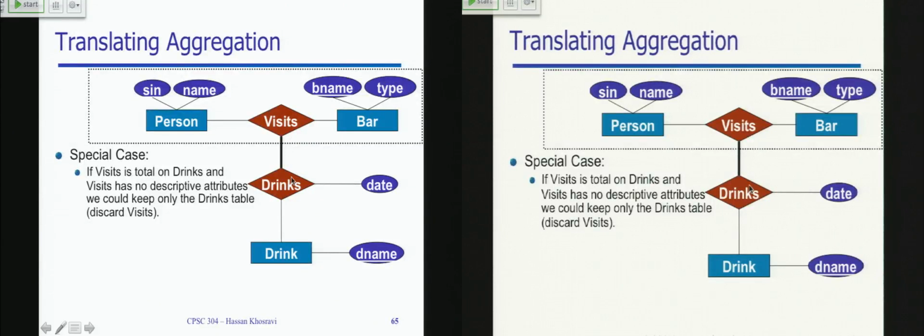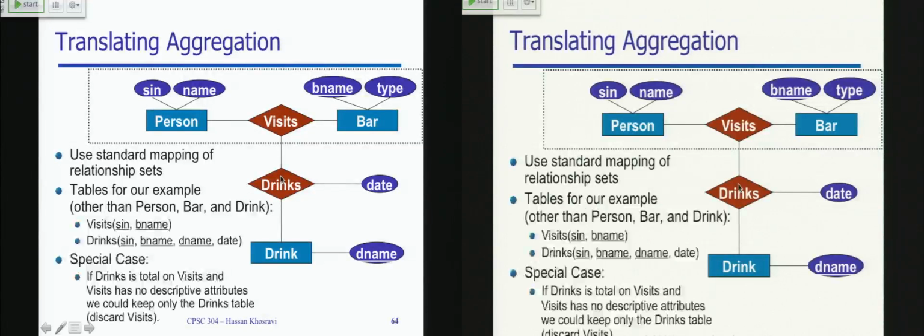So if on all of the visits you have a drink, then we can get rid of that one. Don't worry about that too much. These are optimizations that you can think about whenever you're designing your tables.